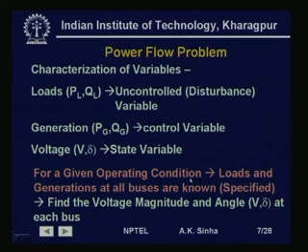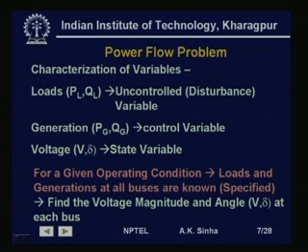For a given operating condition, loads and generations at all buses are generally known. That is, when we are trying to do this power flow study, what we need is a given operating condition, which asks for what the loads in the system are at that particular instant or condition which we want to analyze.